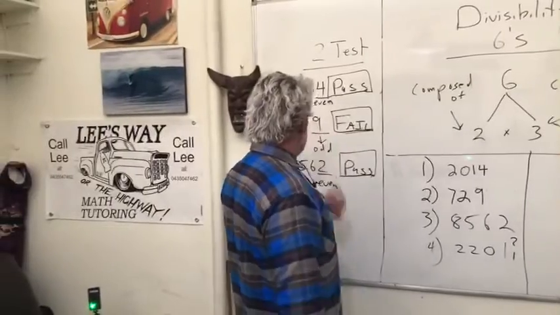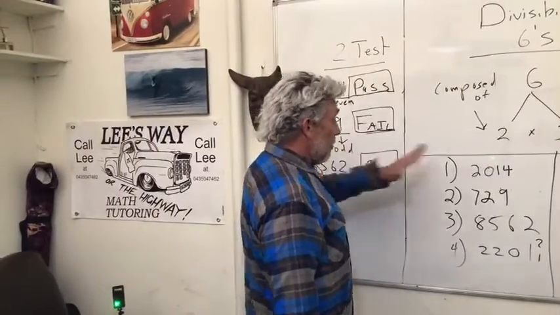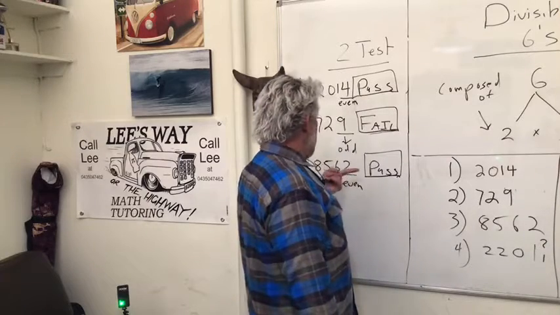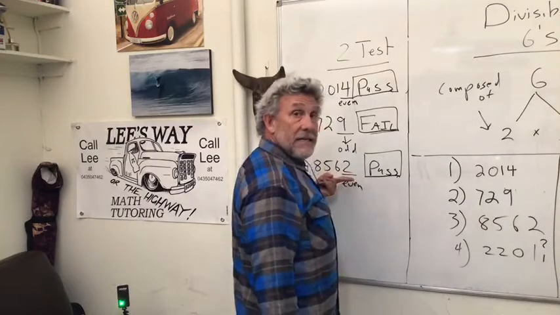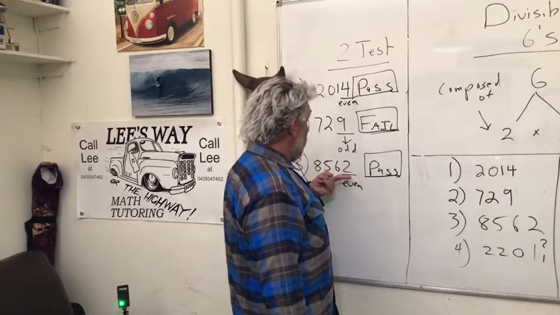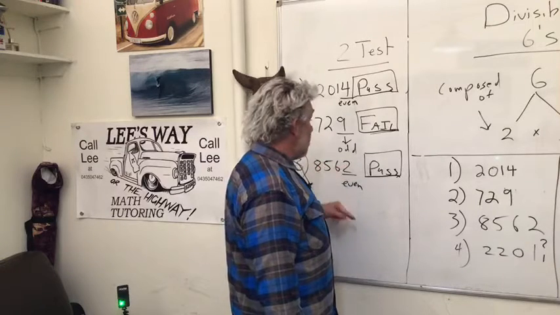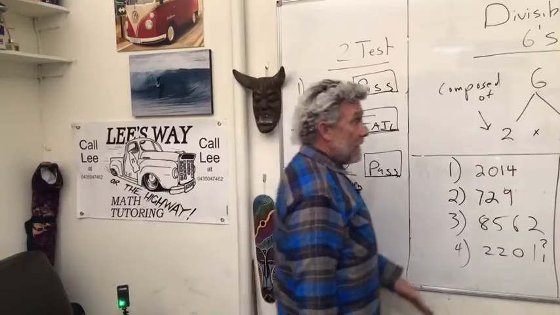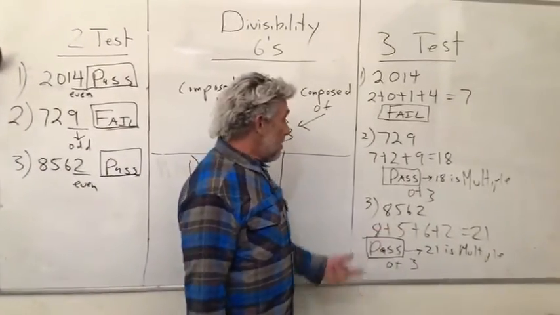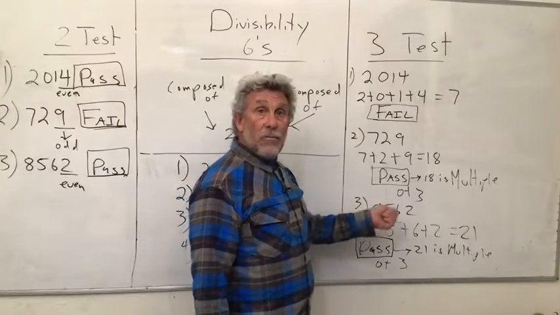So now we're going to go to example number 3, 8,562. Now it passes the even test. Why is that? Because the 1's digit is even. It's a 2, so it passes. And, believe it or not, it passes the 3's test. Why is that? It adds up to a multiple of 3.